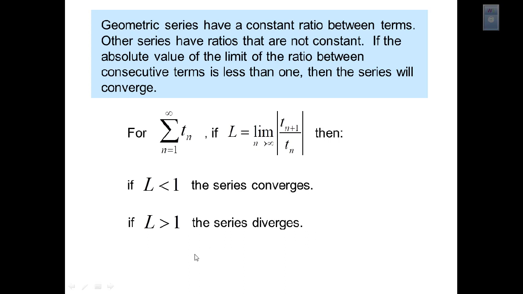If L is equal to 1, it's indeterminate. You need to try another test. So if you do your ratio test, absolute value and everything, did everything correct, and you get 1, then you've got to go look somewhere else for a different test.